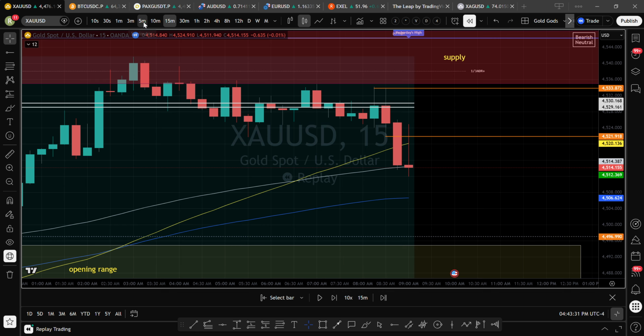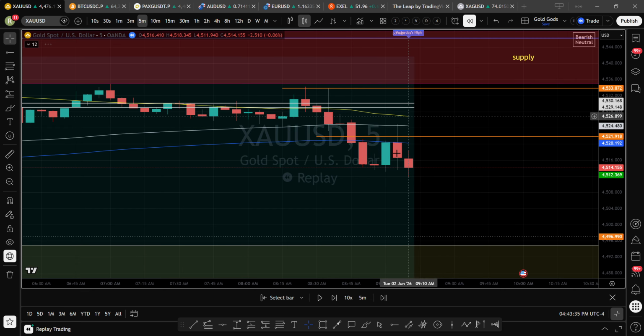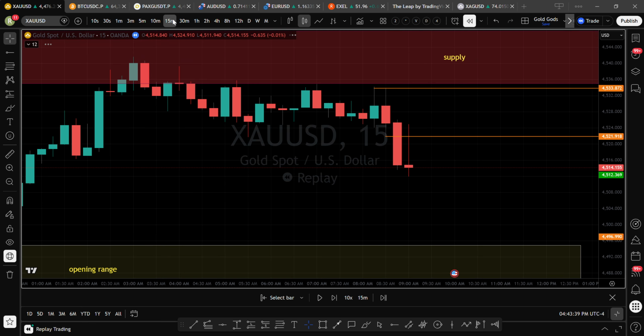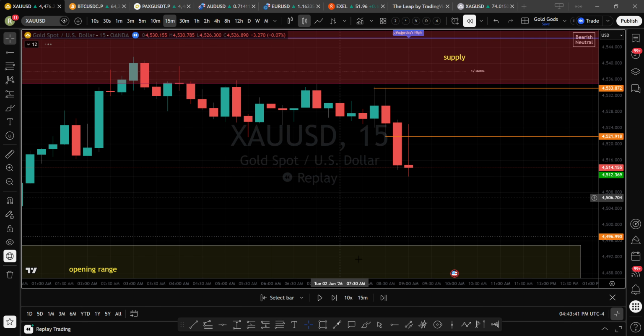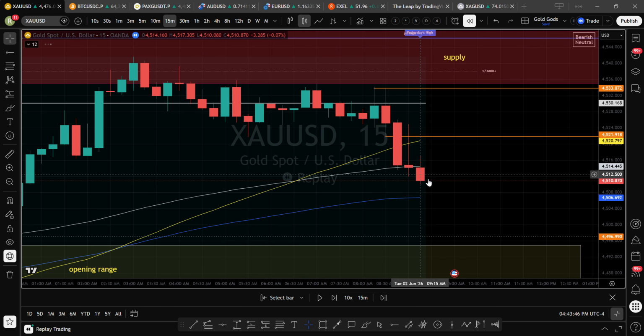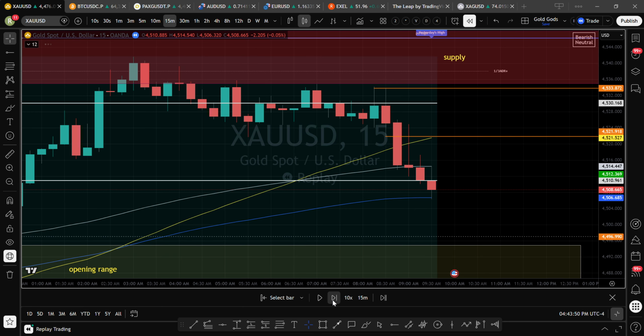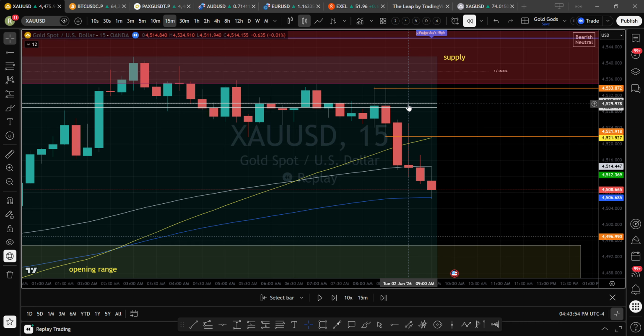On the 5-minute, we are below everything. I'm going back to the 15. And then next candle, please. Boom. We're in profit past this already. Boom. Next 15-minute candle. Train left the station.